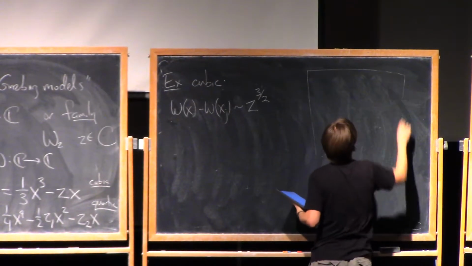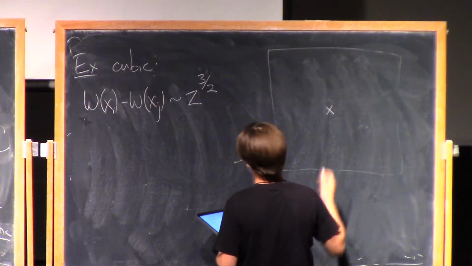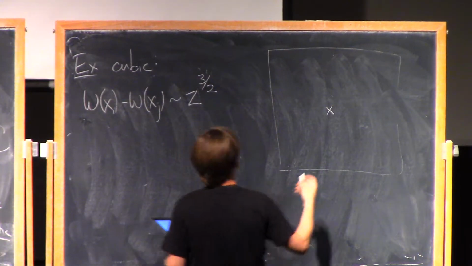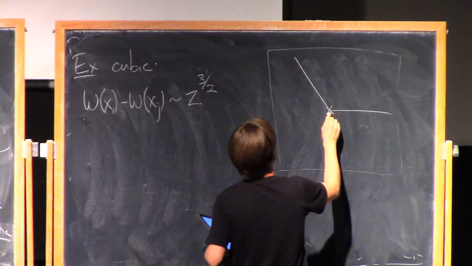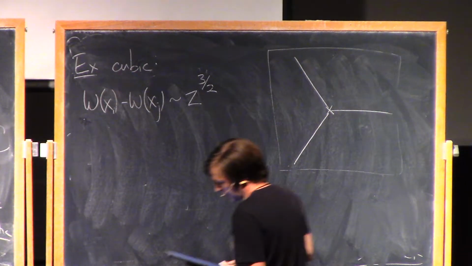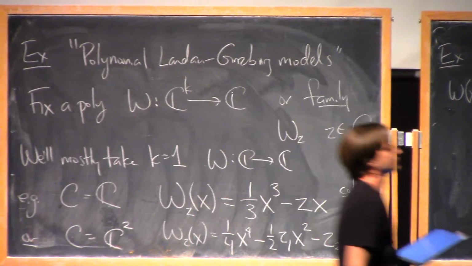So then the picture of this spectral network will be like this. Well, when is z to the 3/2 real? Here's a place, here's a place, and here's a place. So this is in the z-plane.